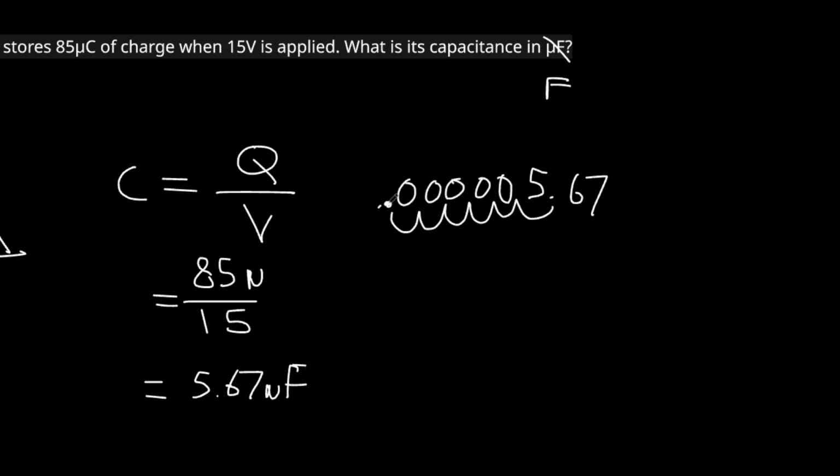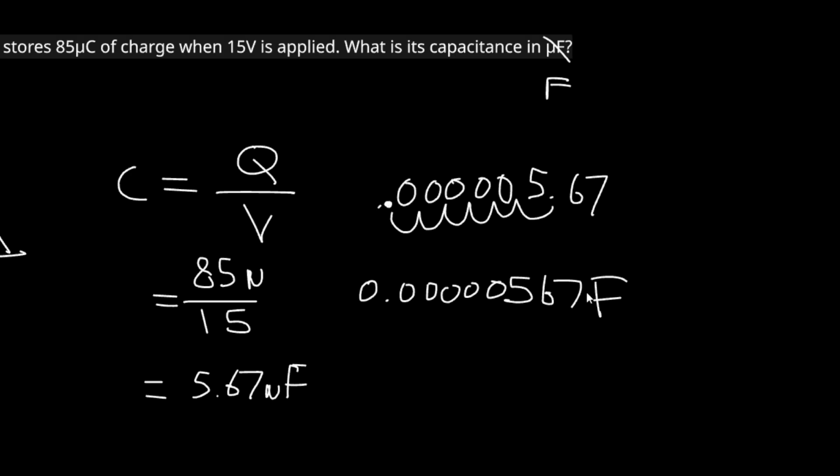And so what we have here is the answer as 0.0, 1, 2, 3, 4, 5, 6, and then the 67 over here. And this is in farads. So that's kind of how I would do the conversions.